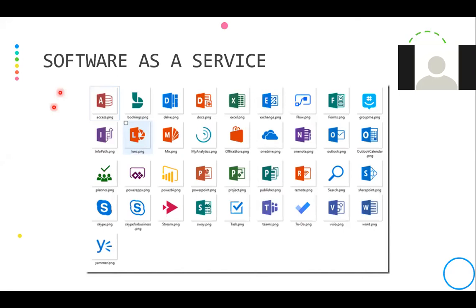Imagine when most of the businesses are failing because of the COVID crisis. There are some businesses like Microsoft Office, which are actually benefiting a lot from a crisis like this.